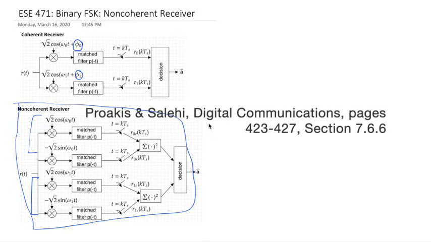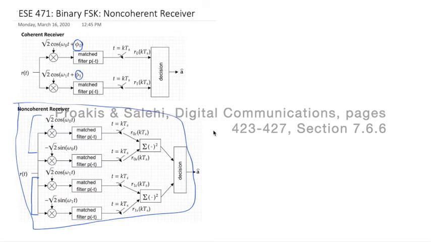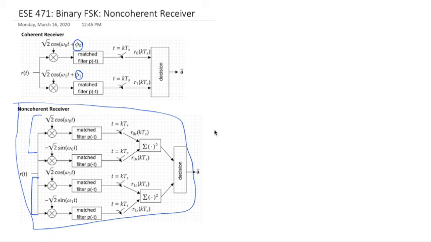In the Proakis and Salehi book, it goes through a derivation to describe the probability of error in the non-coherent receiver case. It sets up the problem.